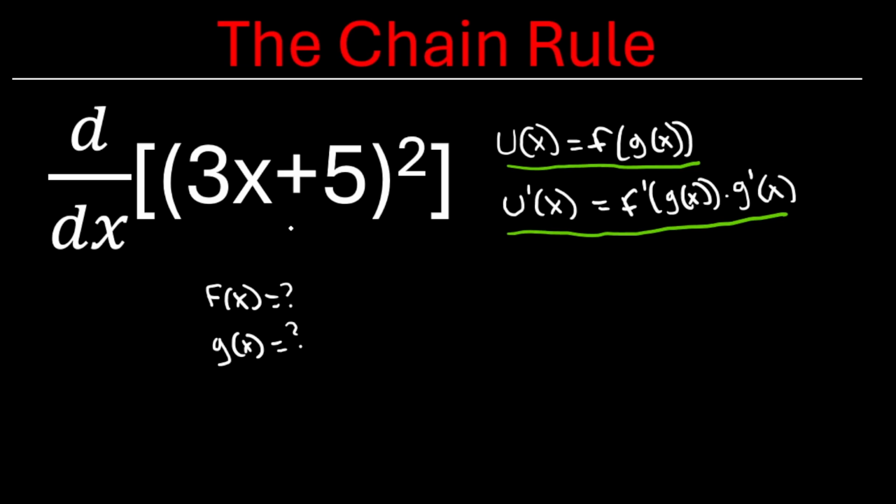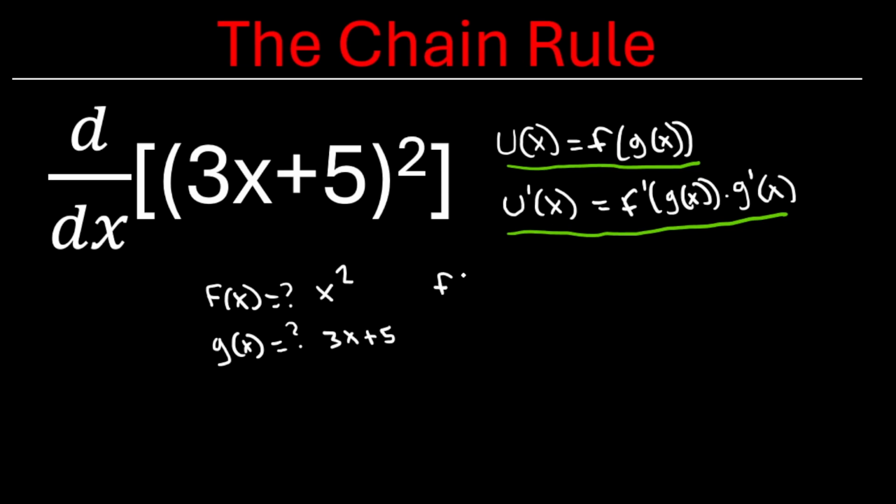If you look at this equation, you'll notice that 3x plus 5 is all squared, right? So we could say our outer function is x squared, and our inner function, what's inside of that x squared, is 3x plus 5. Okay, so now all we need to do is take the first derivatives of both of these equations and then plug it into this equation right here, okay?